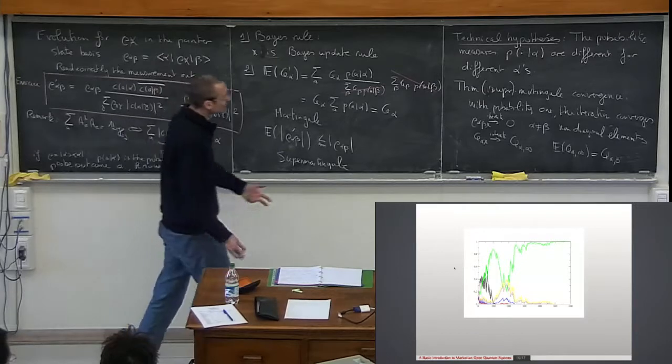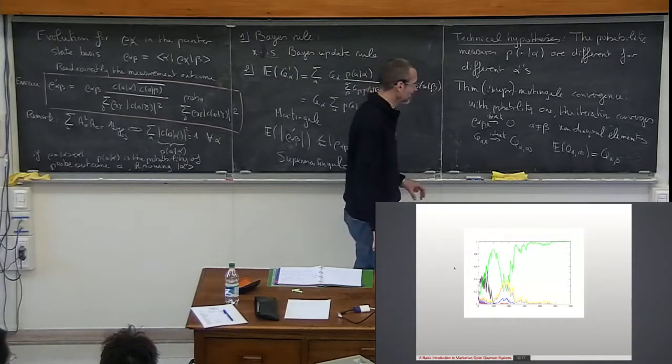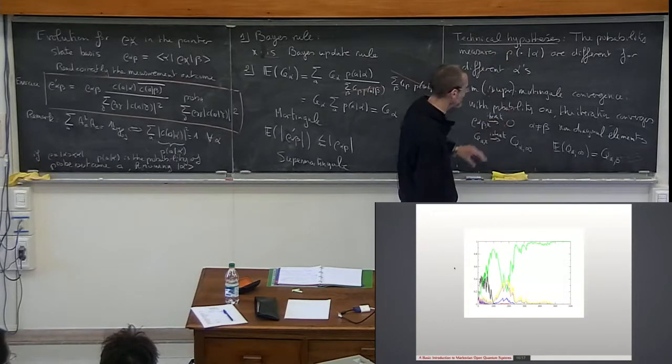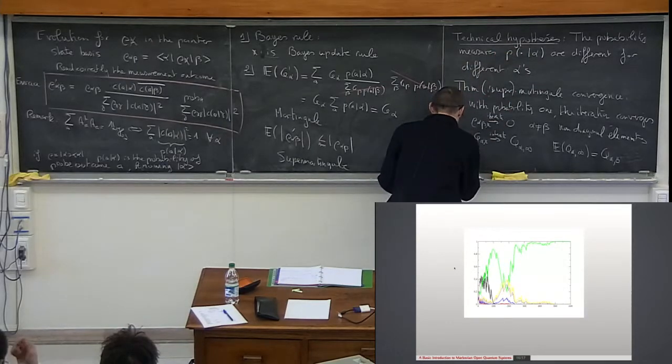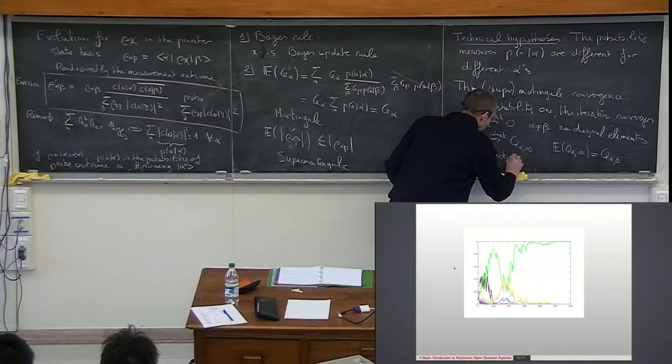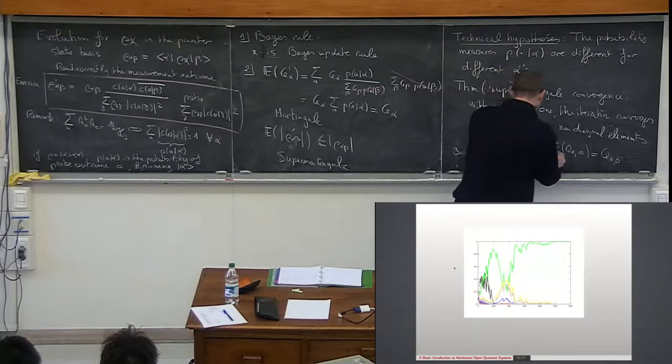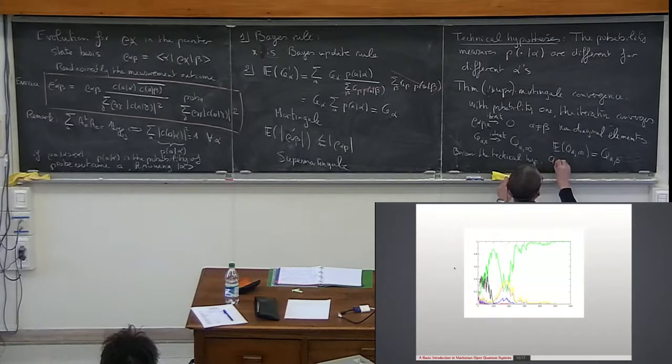And now, what is non-trivial still with this supermartingale convergence theorem is that because these probabilities are different, you don't need, for this theorem, the technical hypothesis. Well, in fact, Q alpha infinity is just equal to delta alpha gamma.